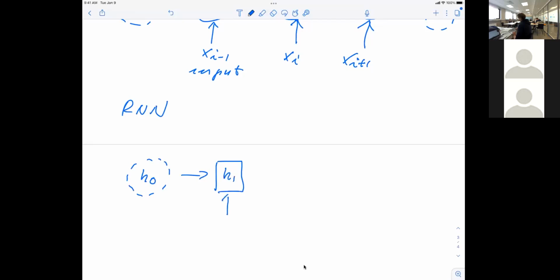You have some input here, some X1, and this produces an output, some Y1. Then this continues, so you have a new box, H2, and an X2 here, and you produce a new output, Y2, and this goes on as long as you are doing measurements.